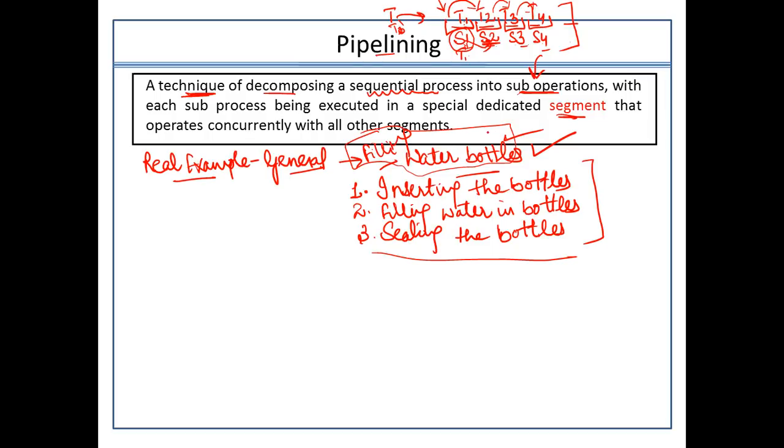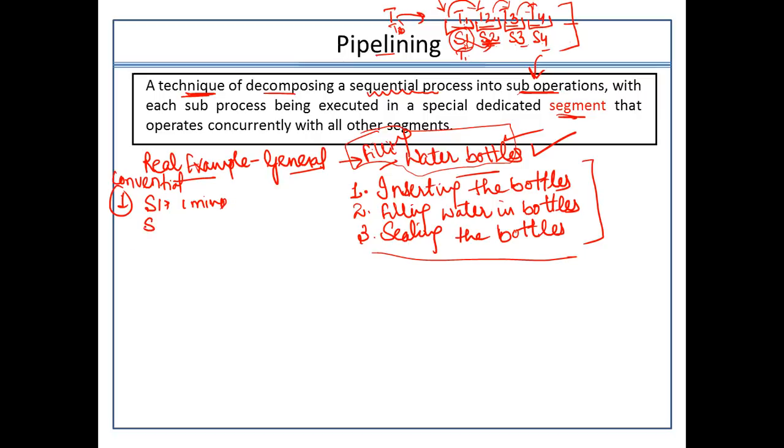In order to perform this task, we can do it in a conventional manner, without pipelining. The first bottle comes. Let us suppose it takes 1 minute in stage one to insert the bottle.